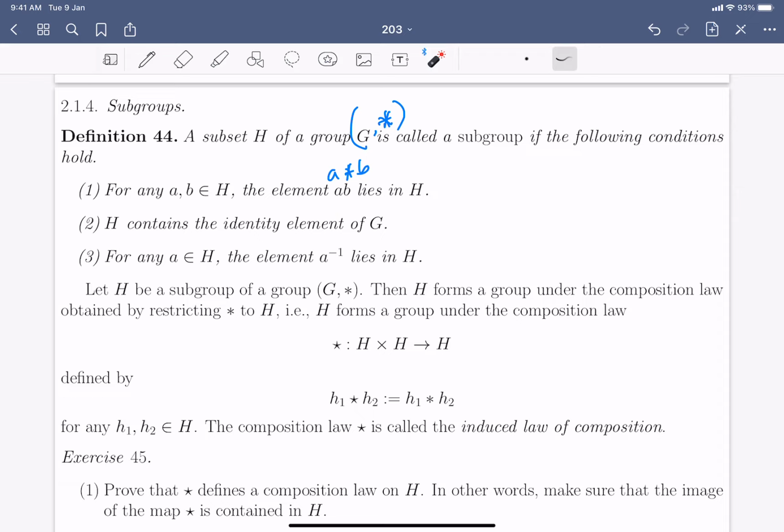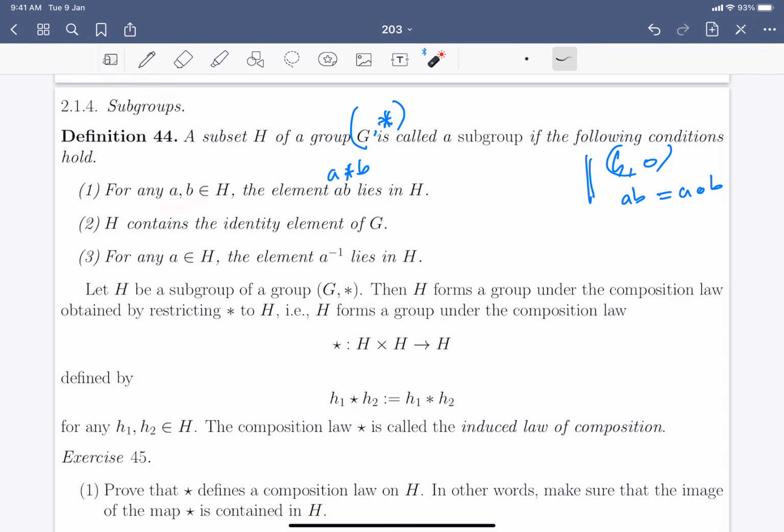It is standard to drop the composition law and just write AB, which stands for A star B, where star is the composition law of G. It could also have been G comma circle, and then of course AB denotes A circle B, etc.